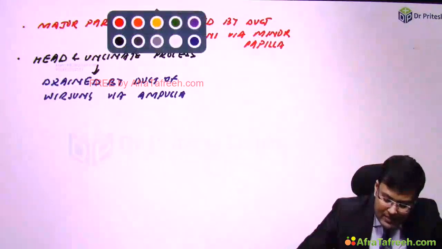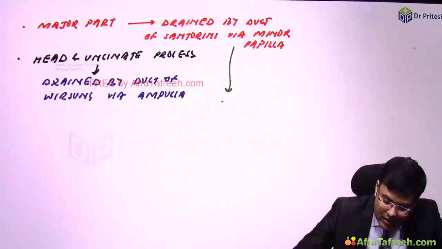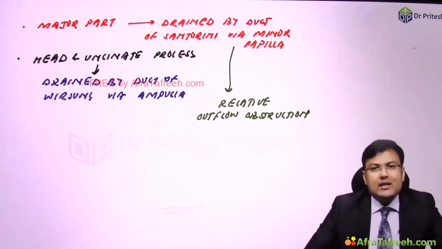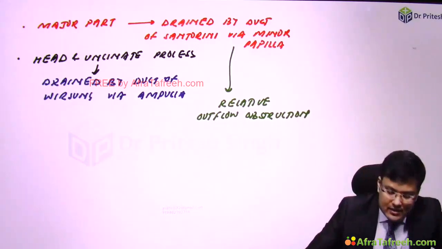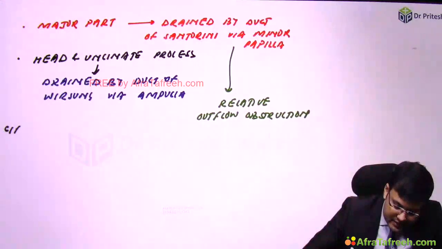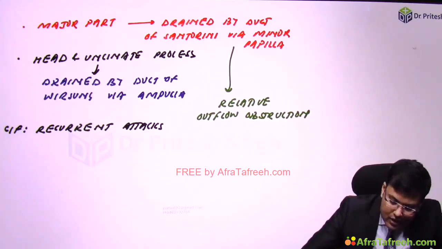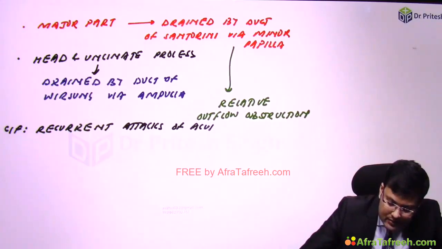Because of this, what will happen? There is relative outflow obstruction of pancreatic secretion, and the patient will be having recurrent attacks of acute pancreatitis. So see clinical features: recurrent attacks of acute pancreatitis.